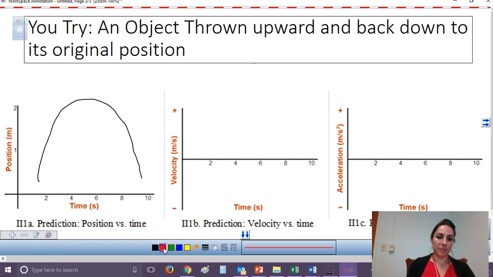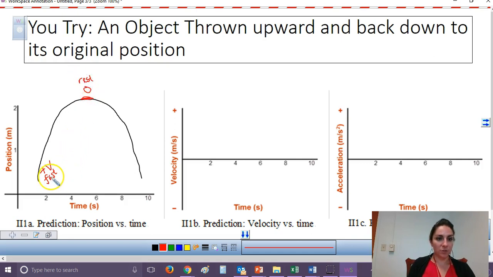But let's analyze this, right? This is a steep graph. And it's positive, so this is a positive steep graph, so you're going pretty fast here. But notice that the slope goes to 0 right here, right? And that means you're at rest.